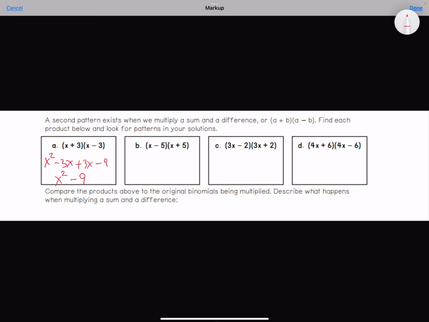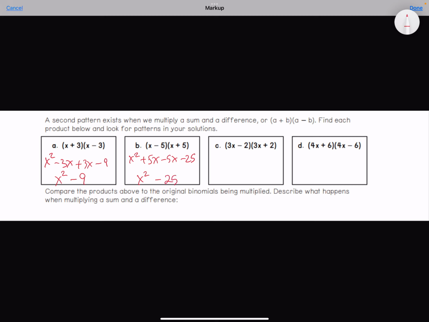So I have x squared minus 9. First terms, outer, inner, last. Negative 5 plus 5 is 0, so x squared minus 25.